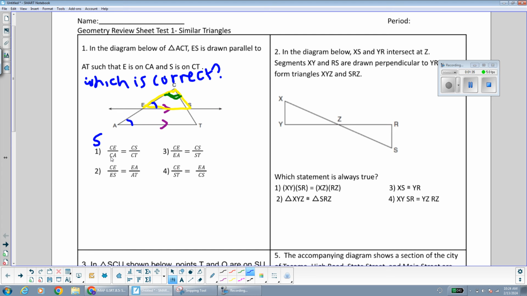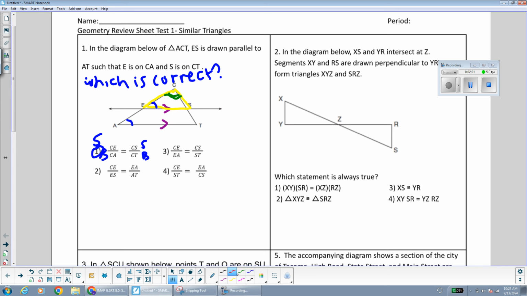We have CA, which is the corresponding side to CE from the big triangle. So far, so good. We just need to make sure that the other side is set up the same way. If this is small over big, this got to be small over big as well. CS is another side from small triangle, and it does correspond to CT from the large triangle. So this is correctly set of proportion.